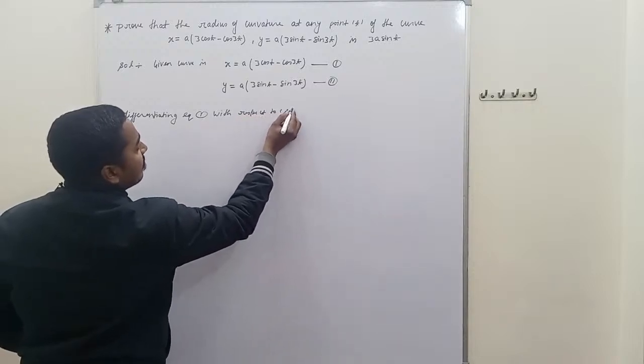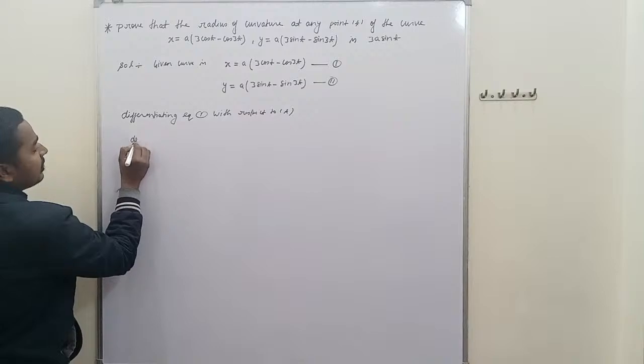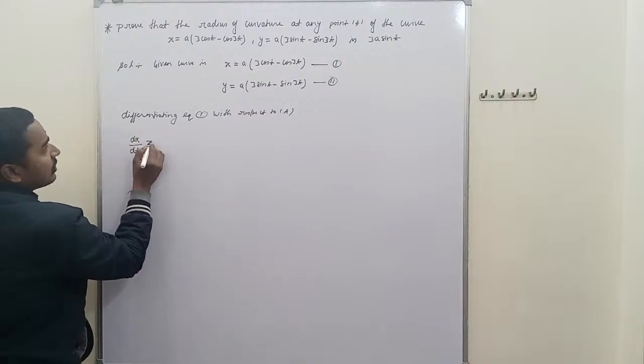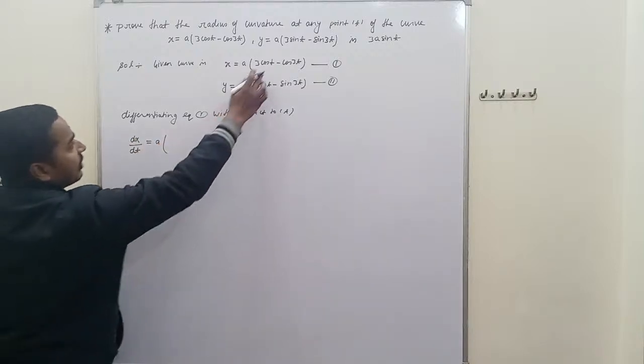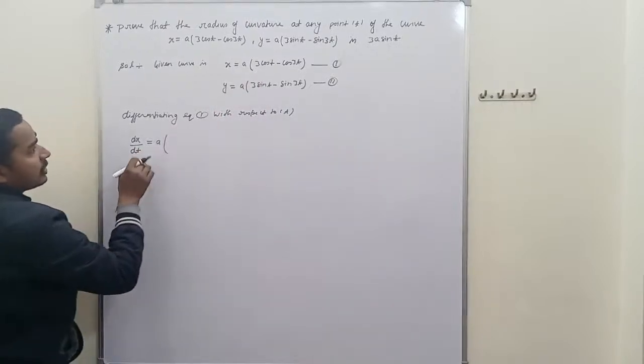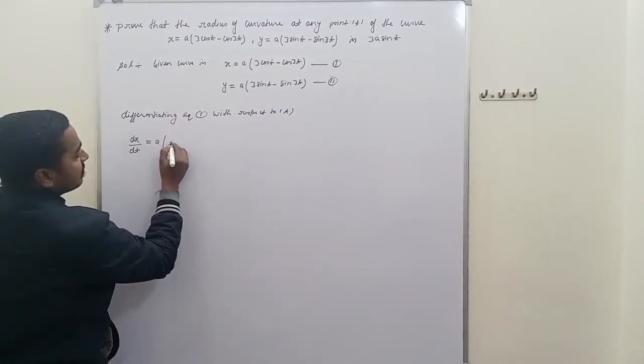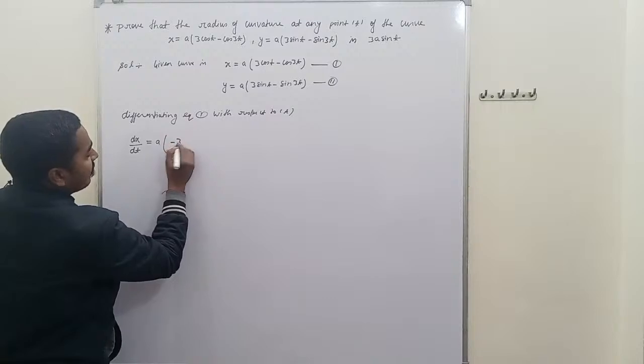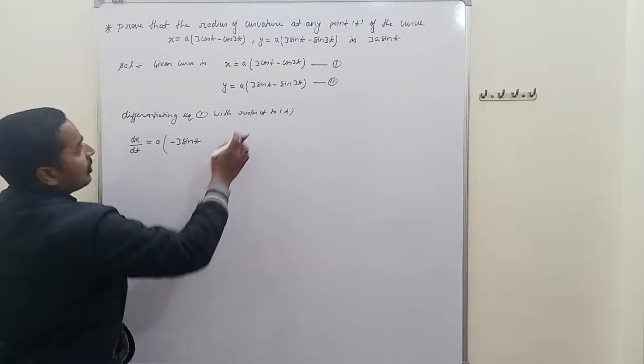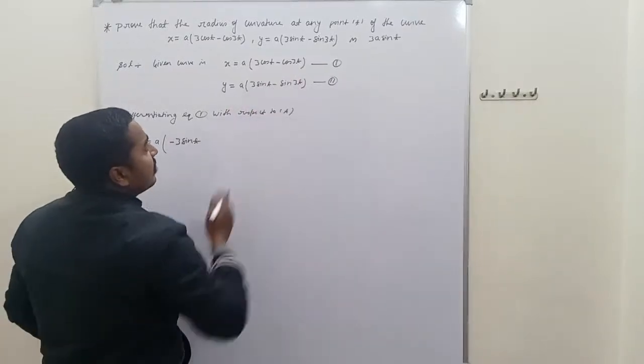to t, dx/dt = a, a is constant here, differentiating cos t with respect to t gives minus sin t, so minus 3 sin t, and minus of cos 3t.